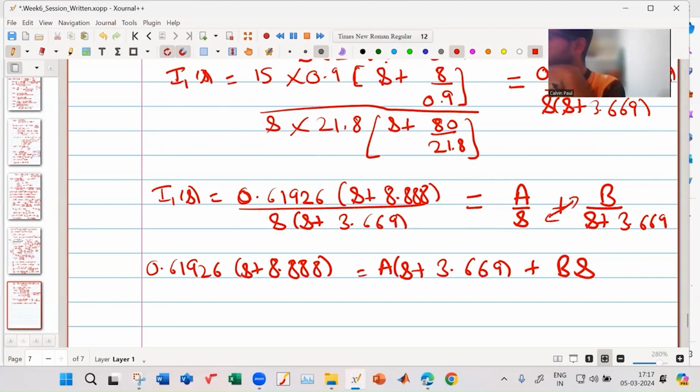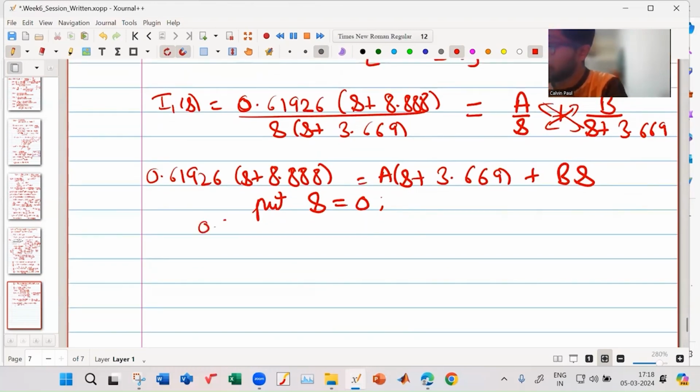I do cross multiplication. If I want to find the value of A, I will put s equal to 0. If I put s equal to 0, I will get 0.61926 into 8.888 is equal to A into 3.669 plus B into 0, which is 0.